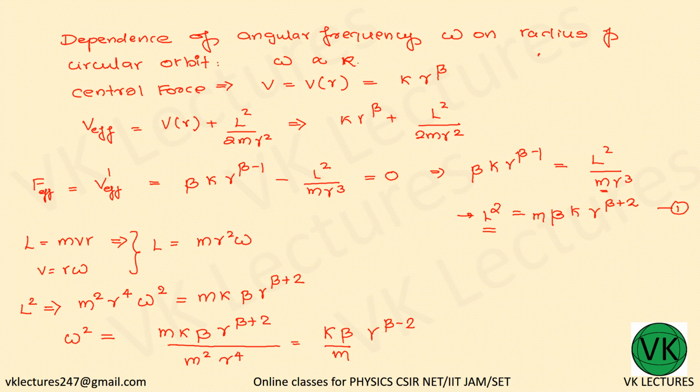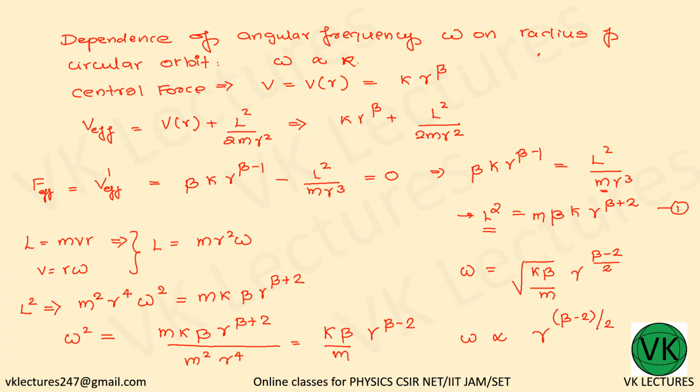Now what is omega then? Omega will be equal to root of k beta by m times r to the power beta minus 2 divided by 2. So omega is proportional to r to the power beta minus 2 divided by 2.